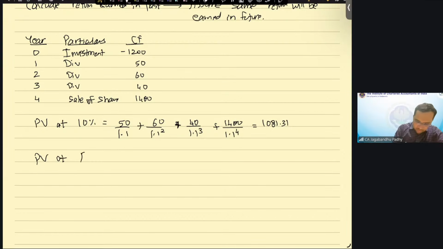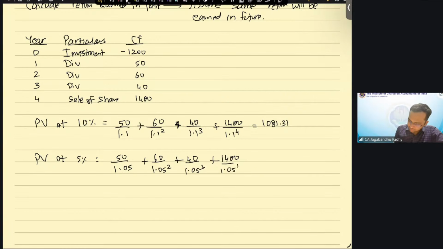So take the present value at 5% now. So 50 divided by 1.05 plus 60 divided by 1.05 square plus 40 divided by 1.05 cube plus 1400 divided by 1.05 raised to 4. Then just add it all and give me the number.